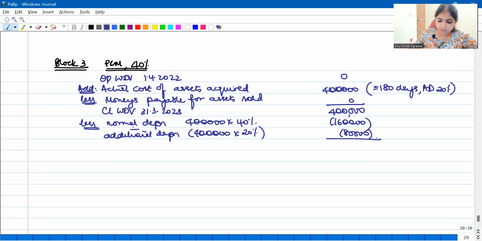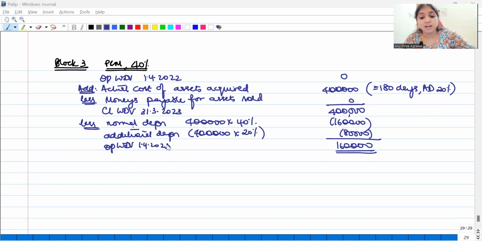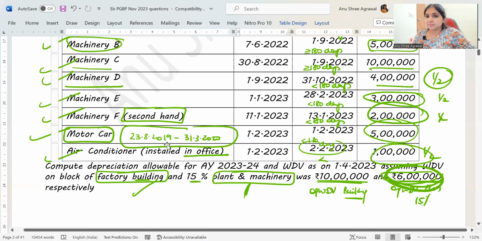So what's your net number now? 4 lakh minus 1 lakh 60 minus 80. You'll get a balance of 1 lakh 60,000. This is going to be your opening WDV for the next year. Got it? So this was your question on additional depreciation.